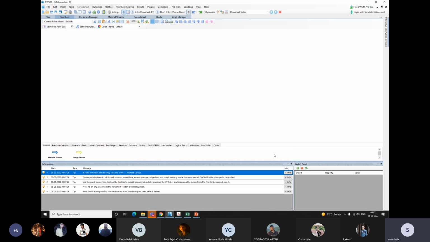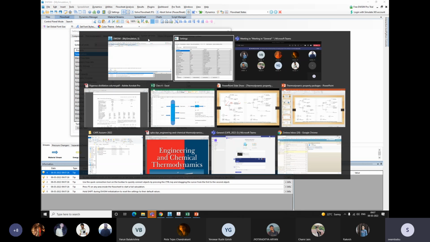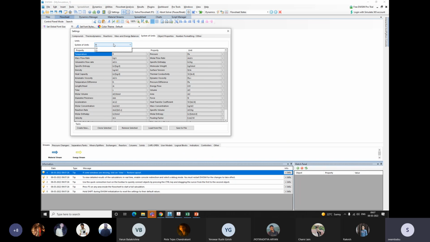Then finish it. Oh, I should have selected the system of units. So I will select the system of units according to this one. They have given kilopascals, then kilomole per hour, temperature in Kelvin, and pressure in kilopascal. So I will not use SI. I will use a custom unit system.